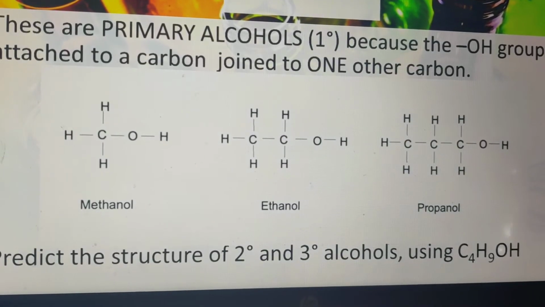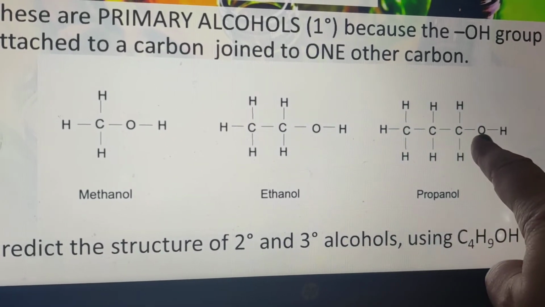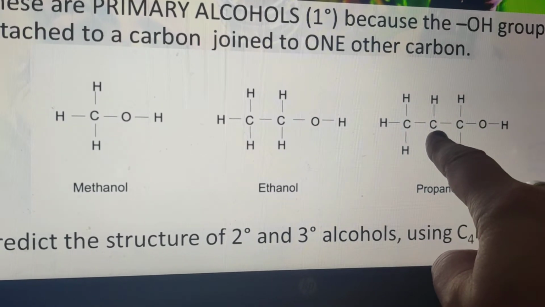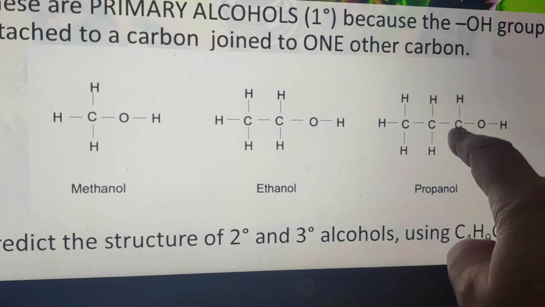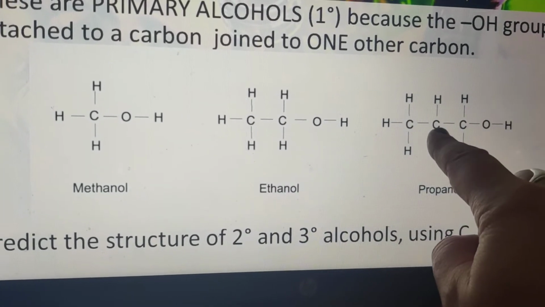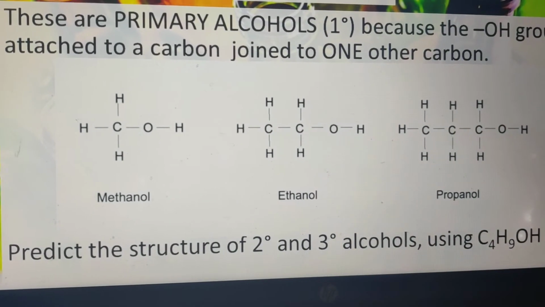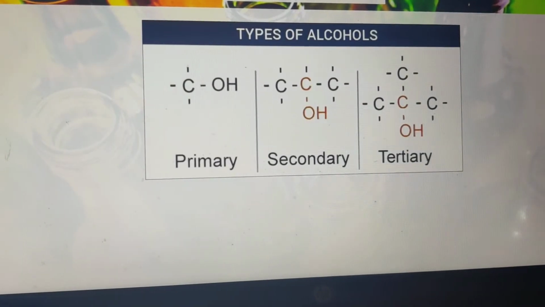So if I could just go back a slide, with propanol, this is a primary propanol. If that OH group was on that carbon, it would be a secondary propanol. Propan-2-ol, we would call it. This is propan-1-ol, carbon 1, carbon 2, carbon 3. But we could put propan-2-ol, and that would be a secondary alcohol. And that actually affects some of its characteristics, how it reacts and what it produces when it reacts.